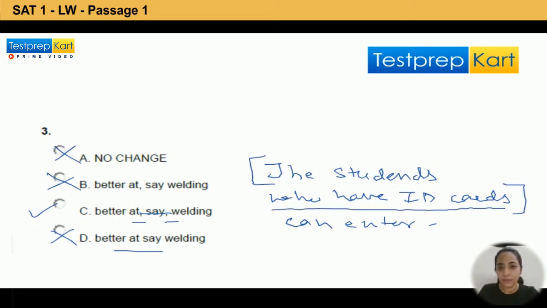This part is also a description, right? But is it a description that we can get rid of? Not really. Because if we get rid of this, then the sentence would read as the students can enter. That means all the students can enter. That changes the meaning, right? So in this case, we can't have commas because this description is an essential description. Whereas here, this was not essential. The sentence was making perfect sense without it. So here, C is our answer.